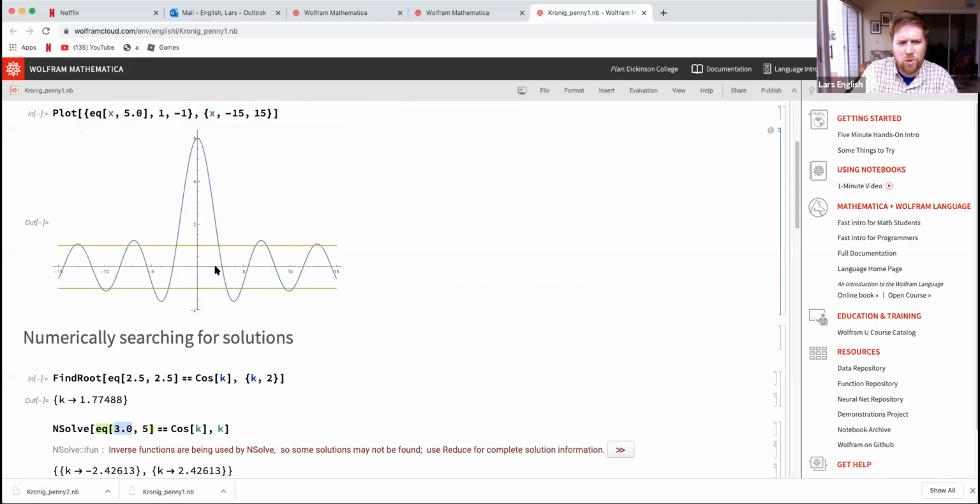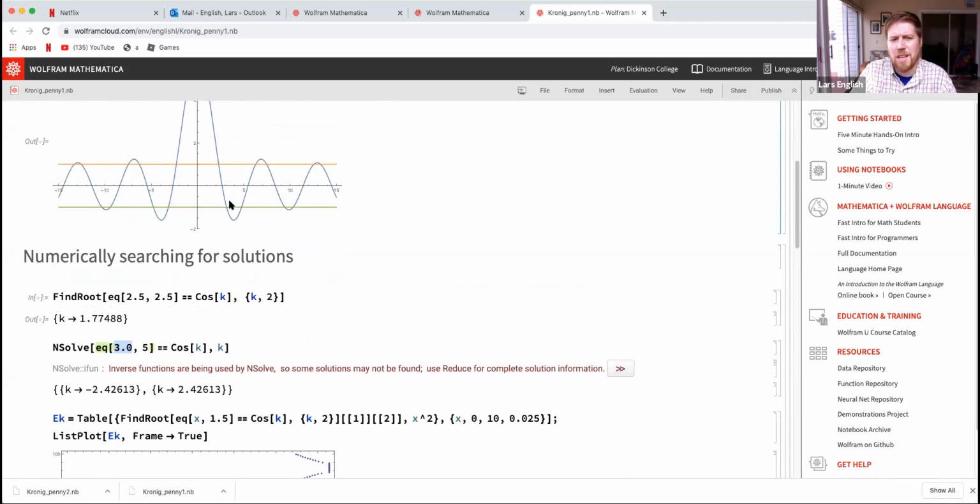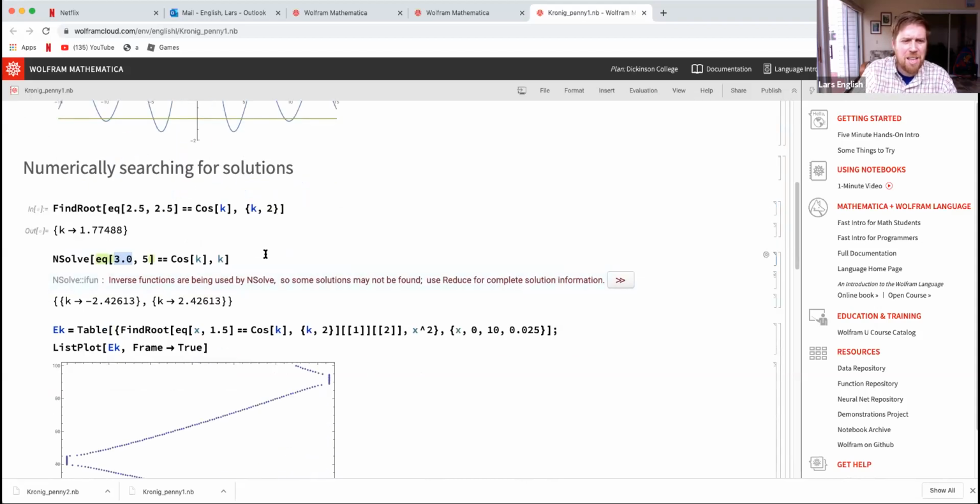So 1, 2, 3. We're here at this point, and we want to find a k such that the cosine of k is basically equal to this point here. All right, so when we do that, let me do a shift.